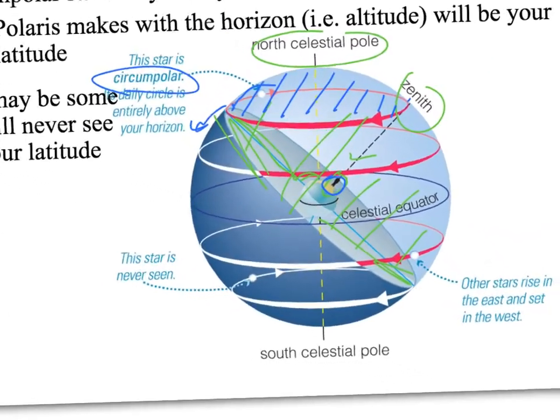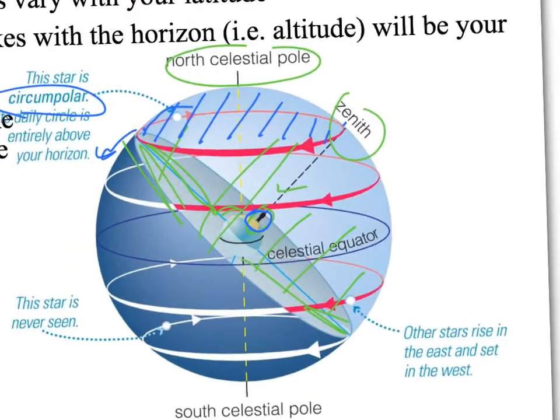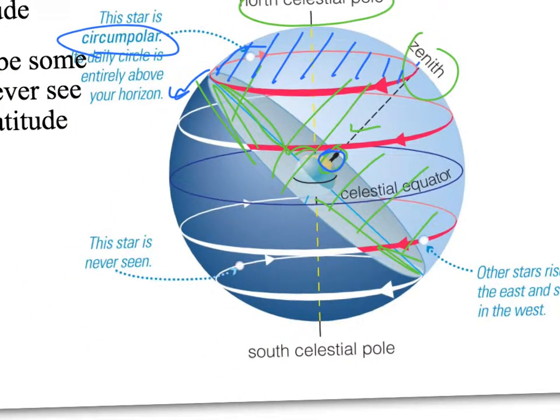So my other note on this slide is, can you see where this person in this particular scenario, there are stars down here that he or she will never see. Oh, I like this figure. I never noticed that till just now. These stars down here are stars that they will never see.